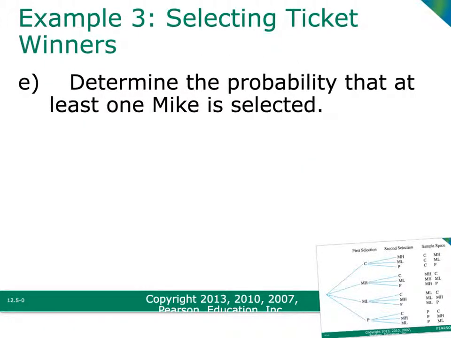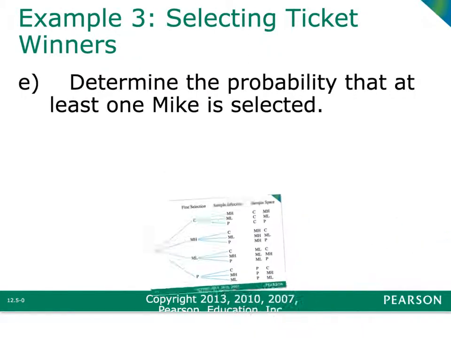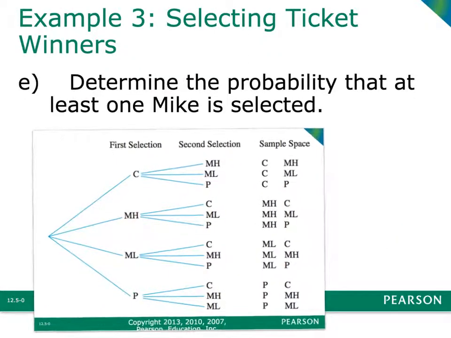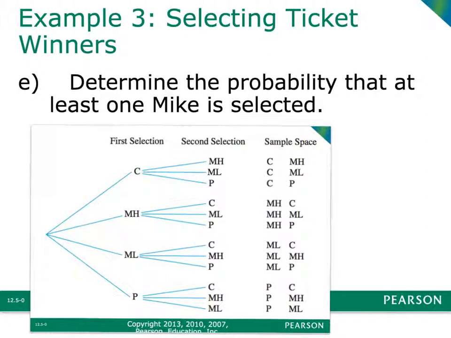Question E. Determine the probability that at least one Mike is selected. Okay, so we want at least one Mike. So that means Christine and Mike H and Christine and Mike L count. Mike H and Christine, Mike H and Mike L, Mike H and Phyllis all count.